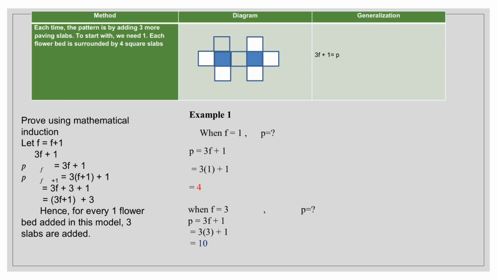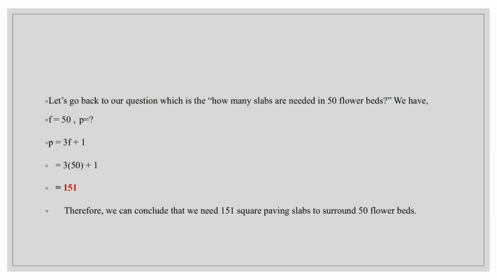So since meron na tayong formula, dito naman tayo sa mga example. When f is 1, our p is 4. When f is 3, our paving slab is 10. So let's go back to our question, which is how many slabs are needed in 50 flower beds.